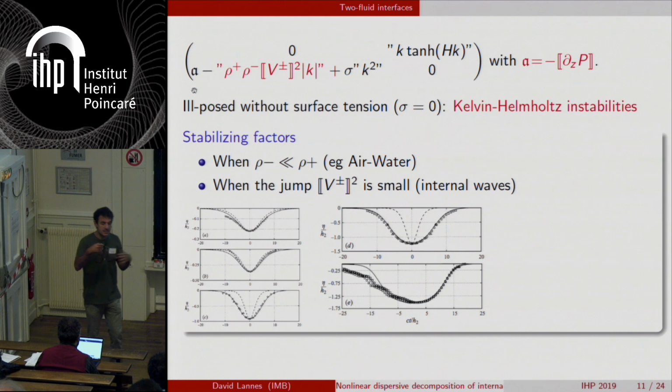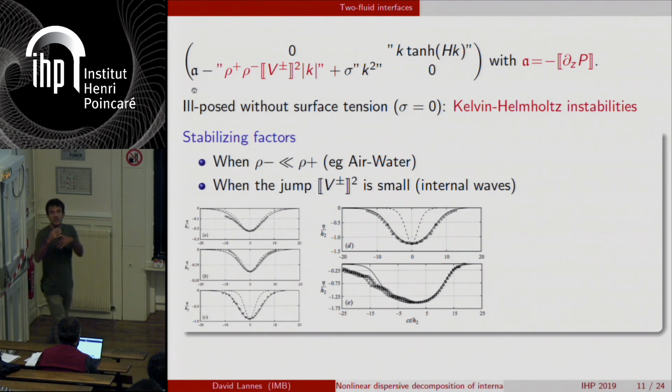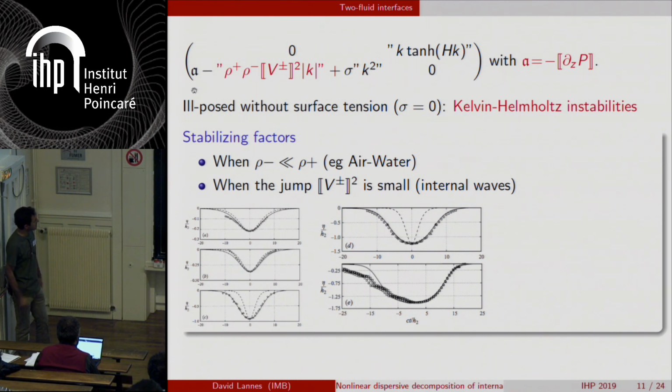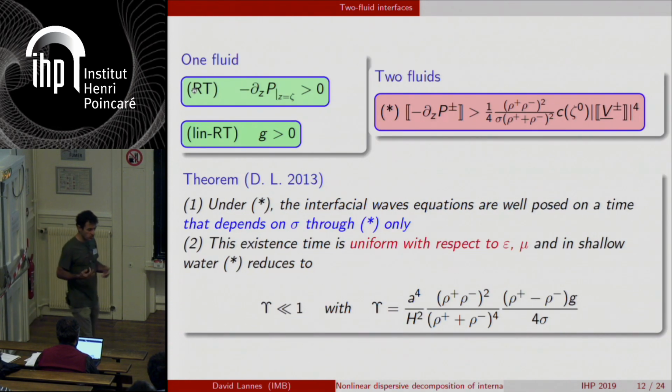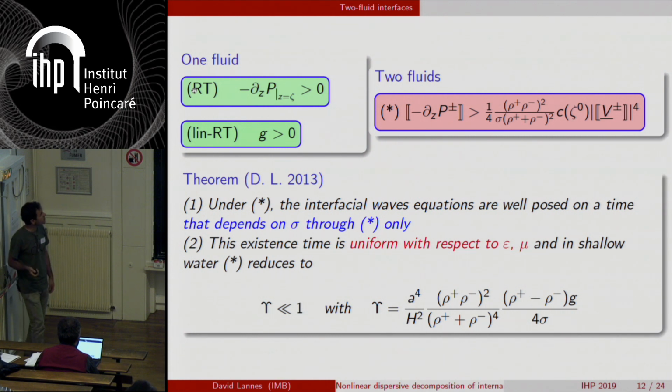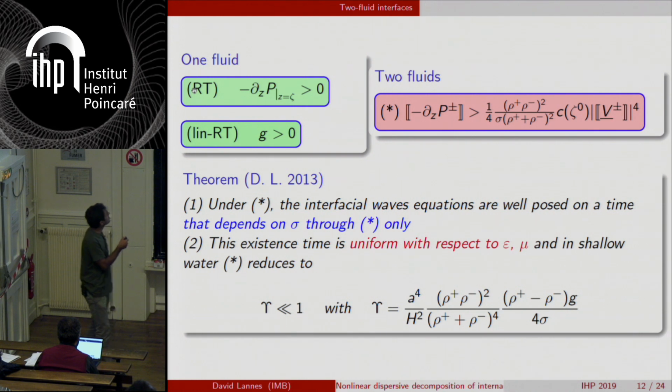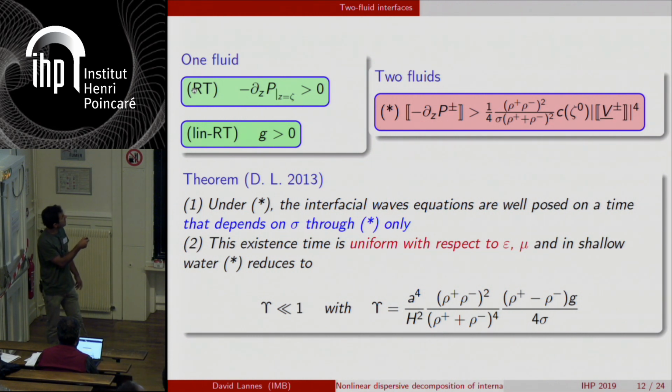So you have to look at the size of this shear velocity, the jump of shear velocity. And you can do it, for instance, by looking at what happens in the shallow water scaling, where you can assess the size of the different quantities that you have. So in the end, in the one fluid case, the stability was governed by the Rayleigh-Taylor coefficient, which was this, minus dZp positive, which in the linear case degenerates into this, that the gravity is positive.